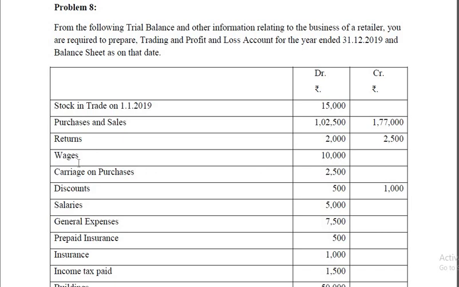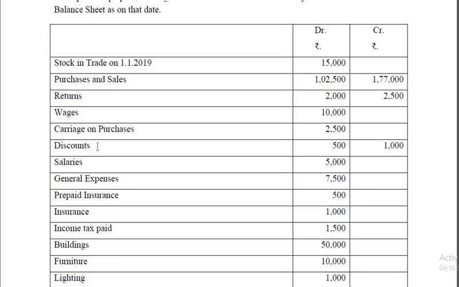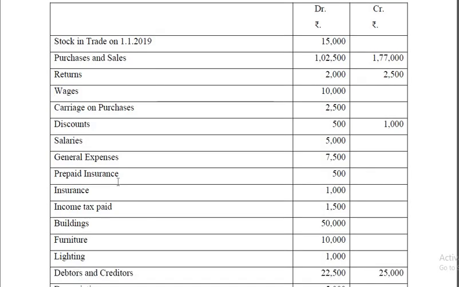Returns I already told you. Wages are debited to trading account. Carriage on purchase debited to trading account. Discount debit is discount allowed, will be debited to profit and loss account. Discount credit, it is income, so it should be credited to profit and loss account. Salaries and general expenses, these are debited to profit and loss account.